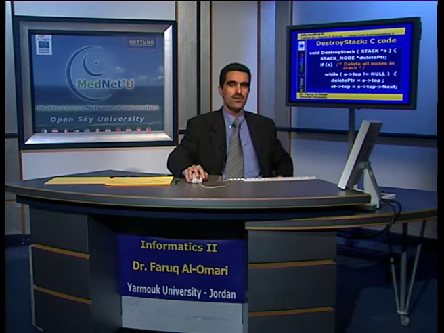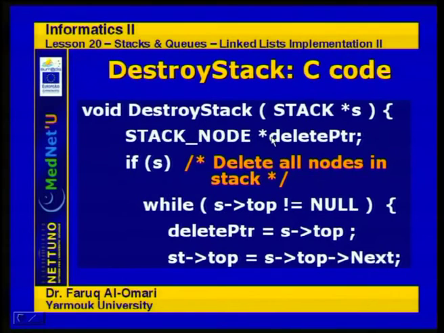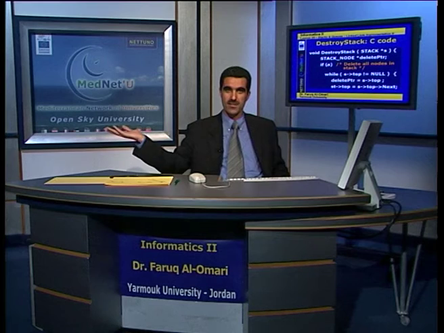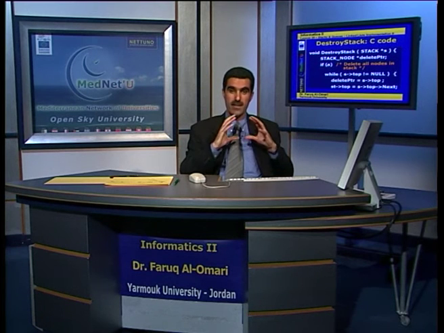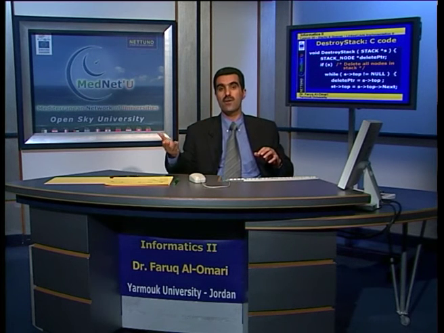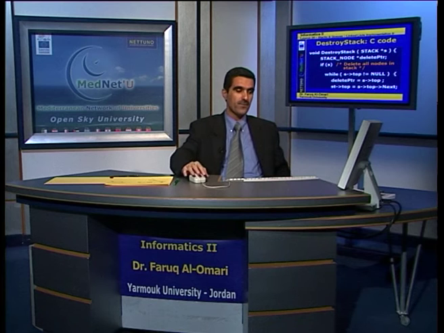So what we're going to do, we're going to define a local variable called delete PTR, pointing to a stack node. And I'm saying here, if S does not equal to null, that means I have entries in the stack, then before I can clear the stack itself, destroy the stack structure itself, I need to go to the nodes, delete them one after the other.